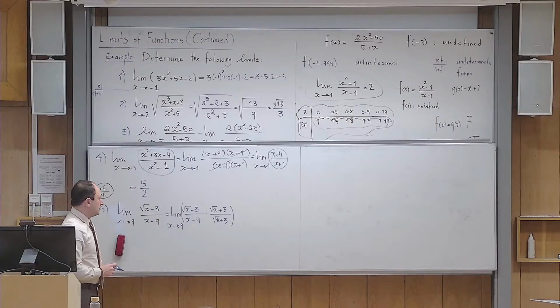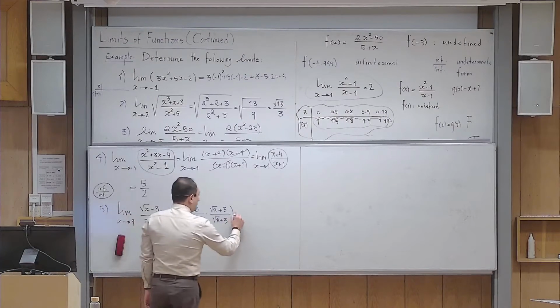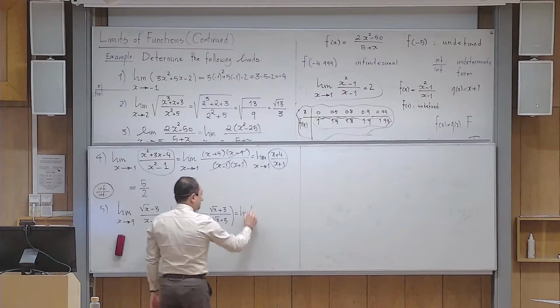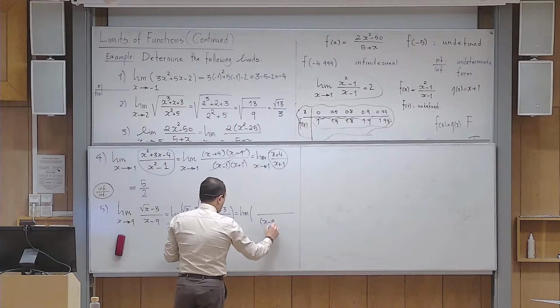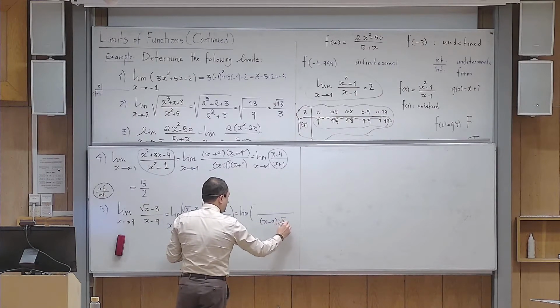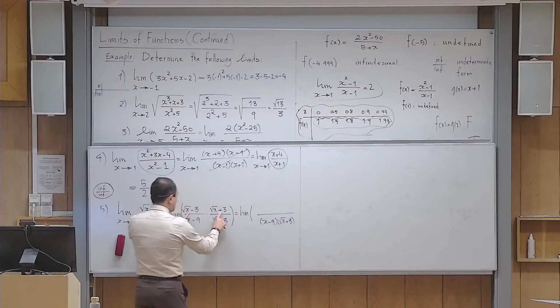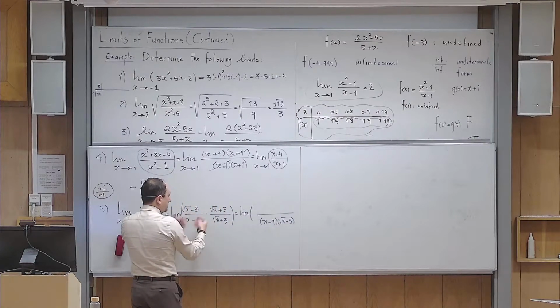And then what happens if you multiply these? I just juxtapose them, I just put them aside. So x minus 9 times the square root of x plus 3. But in the numerator, when I multiply this by that, I intentionally made it in a way that it makes a conjugate pattern for me. So what will be the answer?